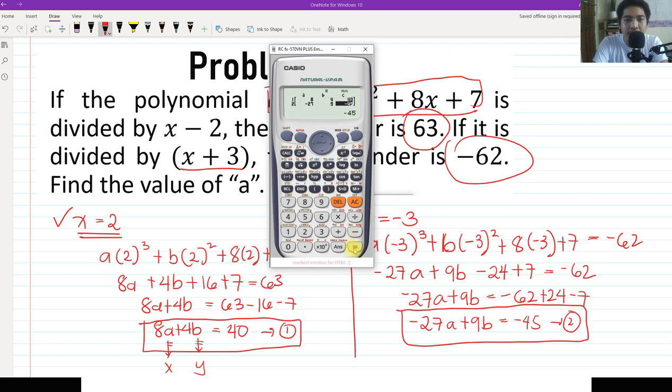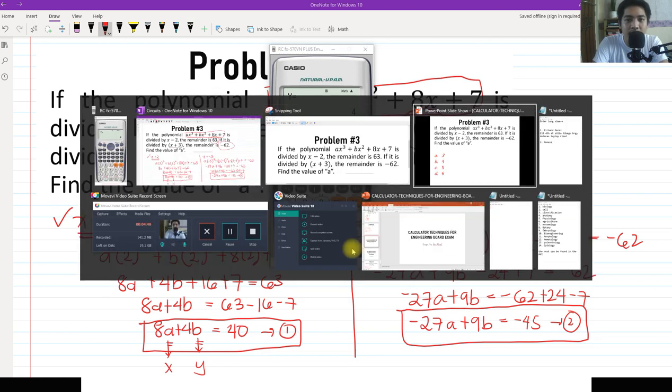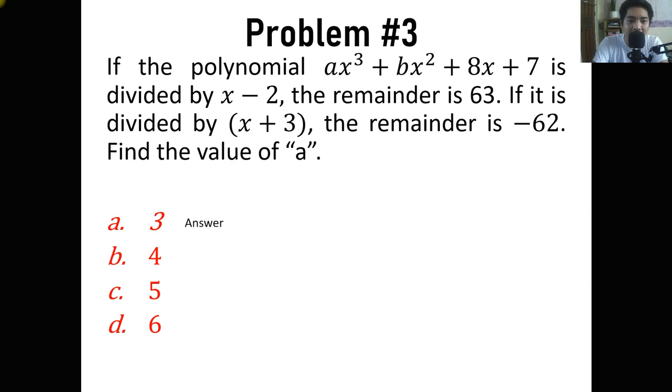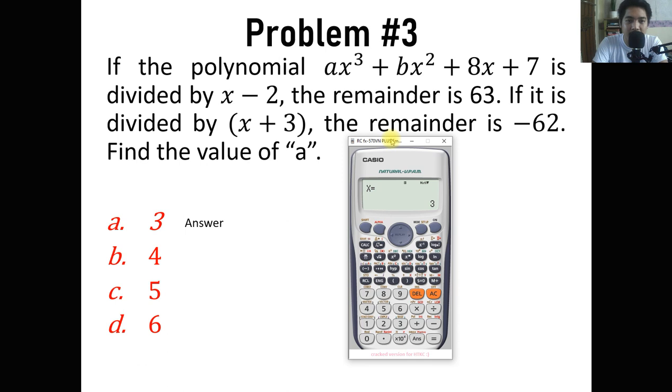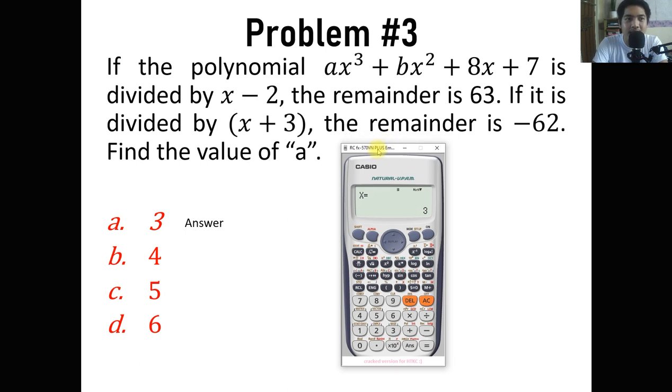So the value of a equals 3 and the value of b equals 4. So our answer for this problem should be letter A, because the value of a is 3. So that's how we are going to solve this type of problem.